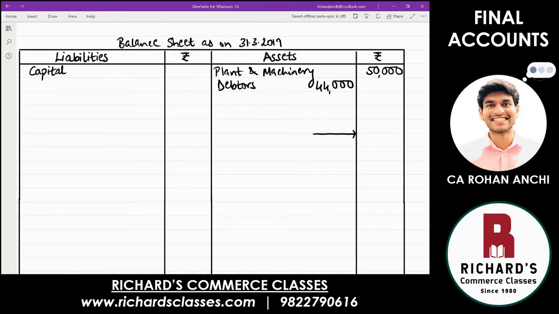And creditors will be a liability. So below capital, leave about 4 lines. 4 to 5 lines you can leave, and then write creditors. This has no adjustment, so in the outer column, 76,000.